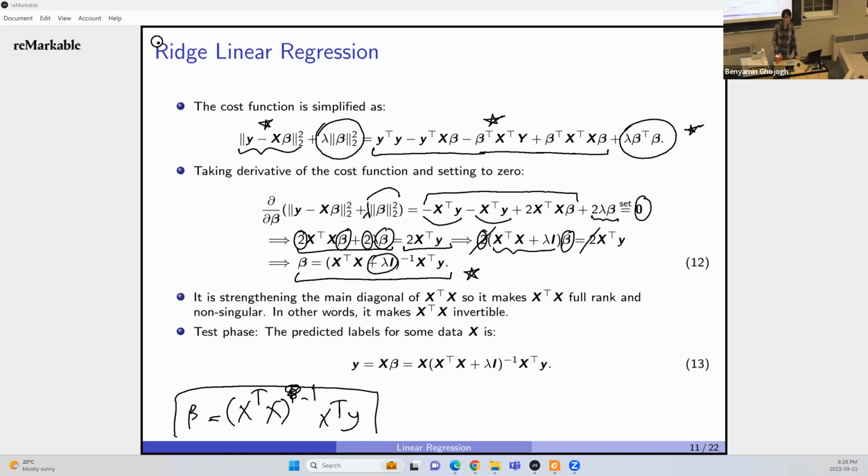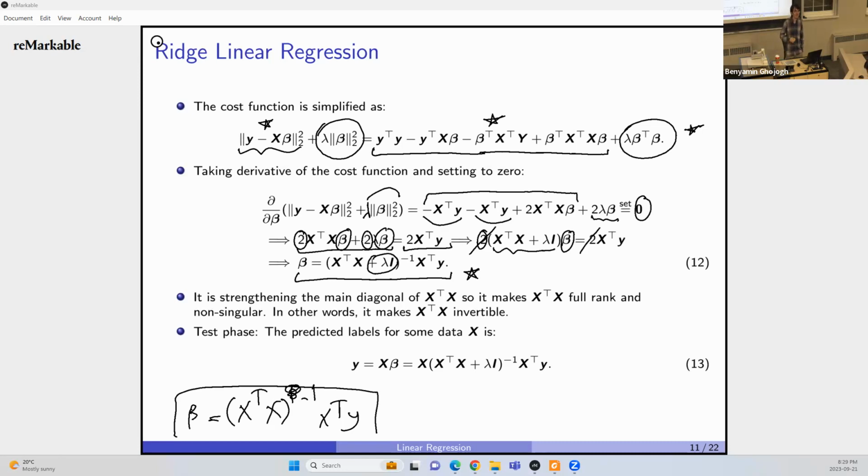Plus lambda I adds lambda to the main diagonal of X transpose X. And lambda should be small, it shouldn't be a big number. So it's strengthening the main diagonal. And according to linear algebra, when you strengthen the main diagonal of a matrix, it becomes full rank. And when it is full rank, it is invertible. It will not be singular.